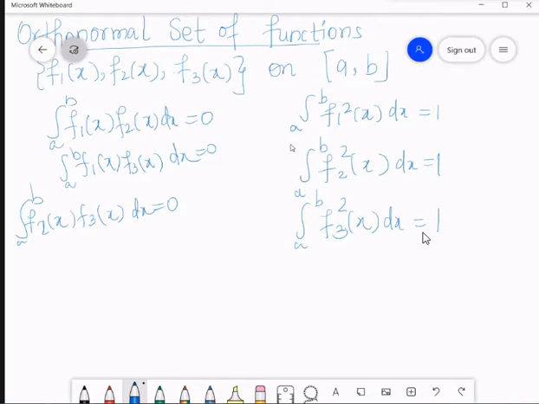So can we do that? The idea is, can an orthogonal set, where the norms are not equal to 1, be converted to orthonormal?